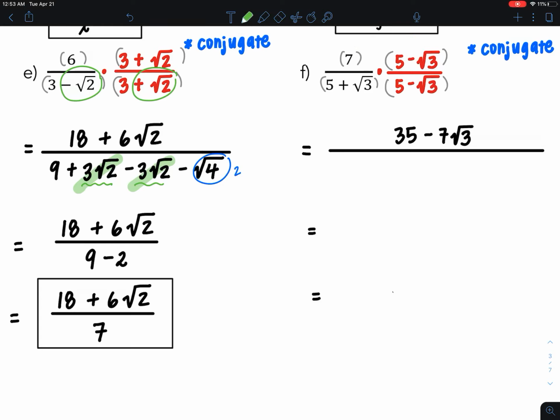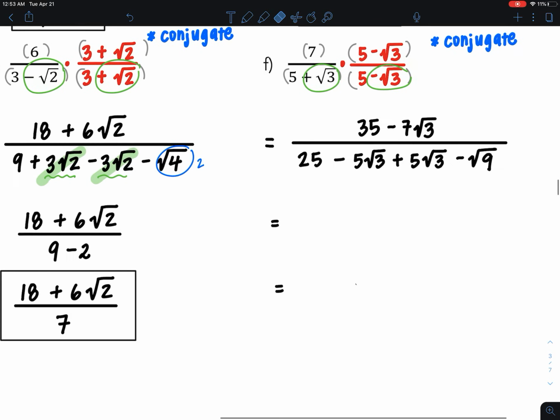We're on to the denominator portion now. 5 times 5 is 25. 5 times negative radical 3 is negative 5 radical 3. Radical 3 times 5 is positive 5 radical 3. Finally, positive radical 3 times negative radical 3 is negative radical 9.